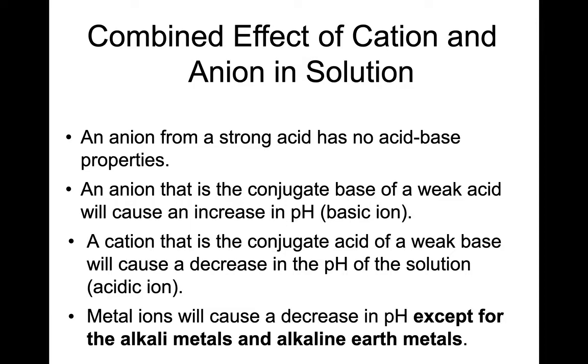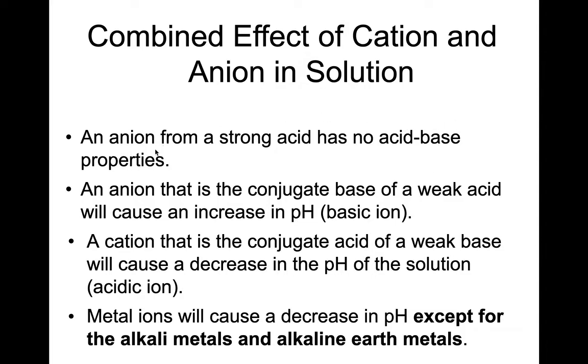So typically, we have a combined effect. Typically, we've got cations and anions in solution. So to summarize the rules here that we need to keep in mind, an anion from a strong acid will have no acidity, no basicity.